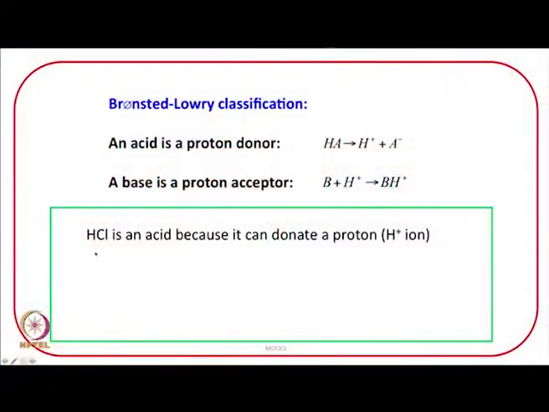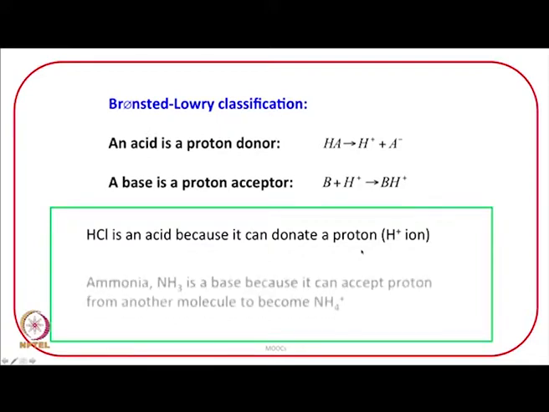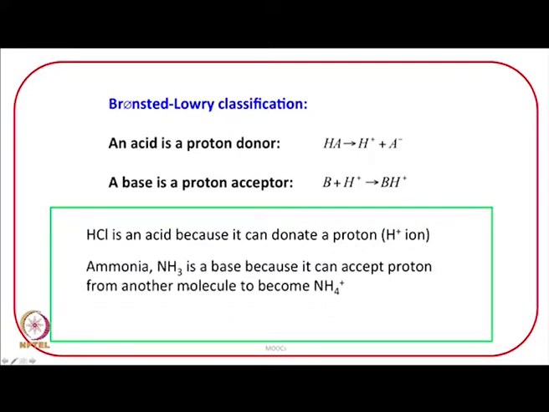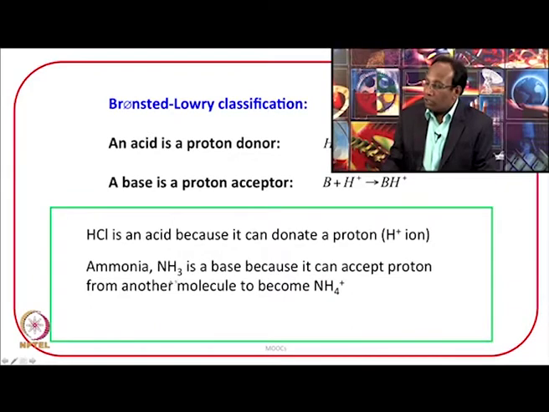So, therefore, HCl is capable of donating a proton to another molecule. And that is why the statement that HCl is an acid because it can donate a proton. H ion is called a proton. If we take another example, that of ammonia, ammonia is a base because it can accept a proton from another molecule and it can form the ammonium ion.